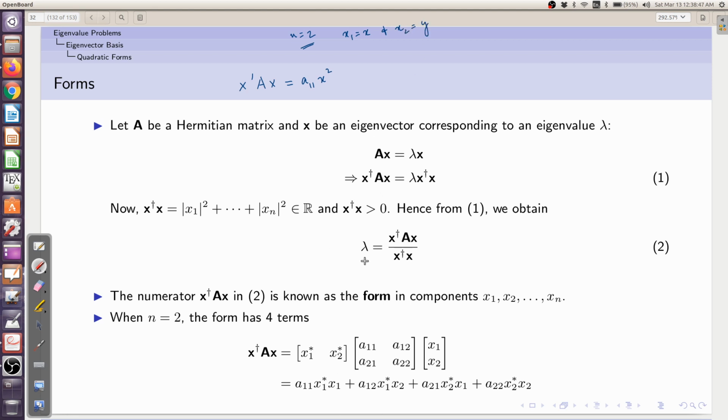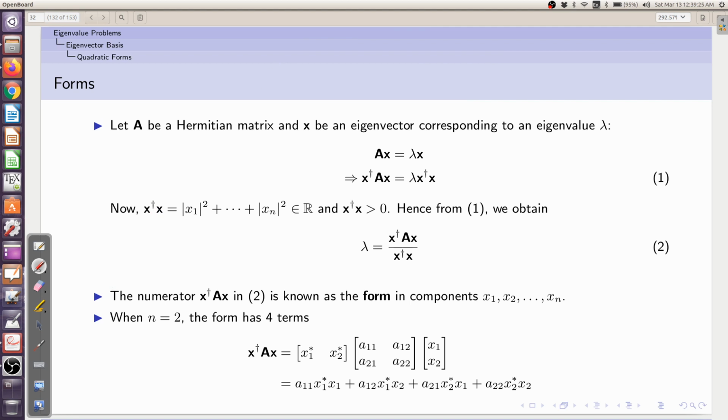So this is going to give us x square plus a12 xy plus a21 also xy, because x2 x1, plus a22 y square. Oops, my mistake, let me write this again.